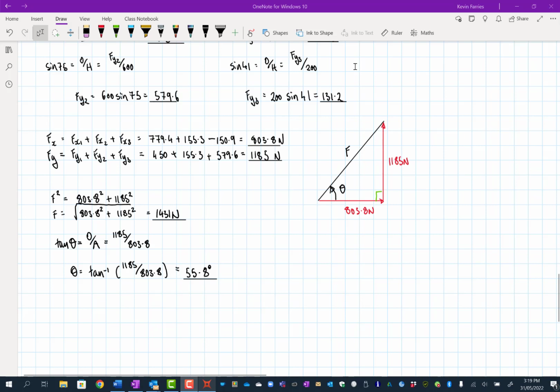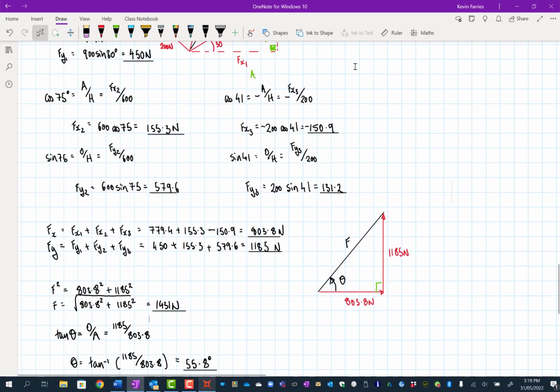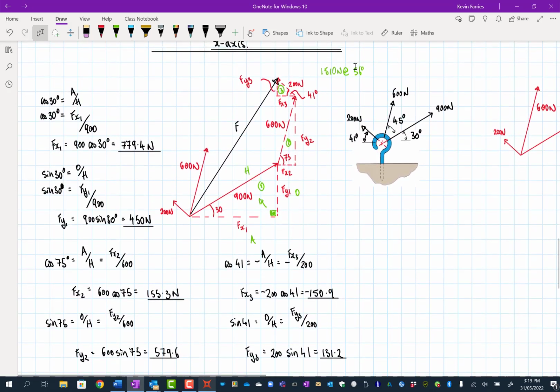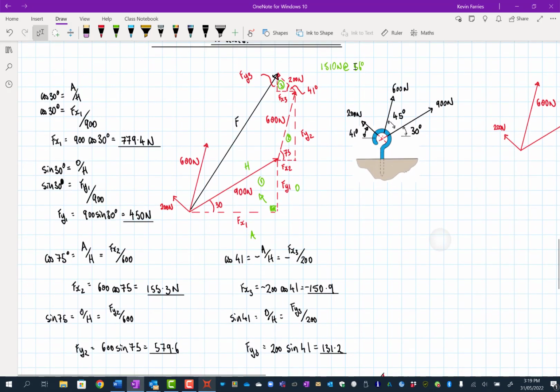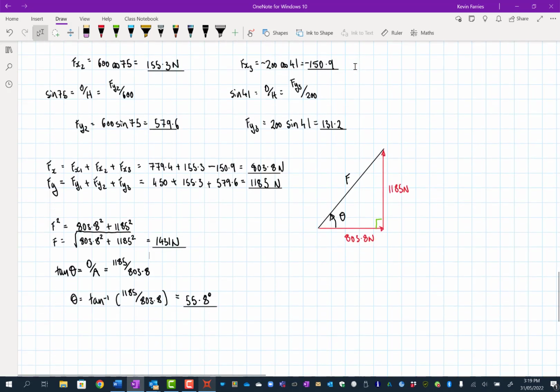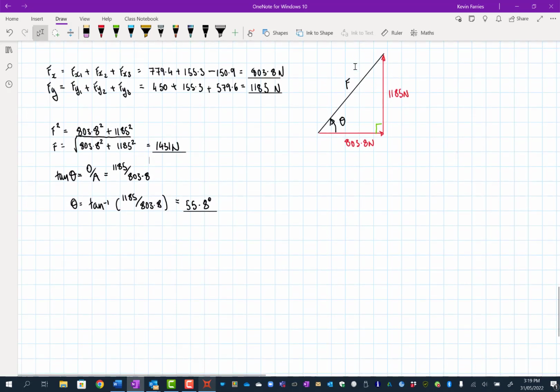So now I've calculated the magnitude and direction of F, and I've checked it against the sketch. My sketch is getting a little bit inaccurate because you're adding lots of different vectors, and I was a bit sloppy about how I drew it, but they're looking approximately correct. So then we just write out our answer.